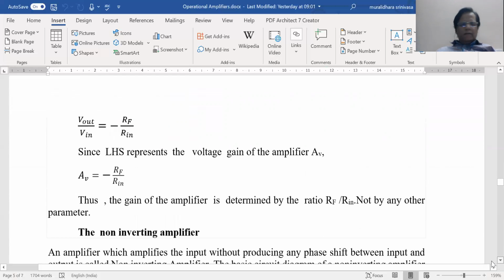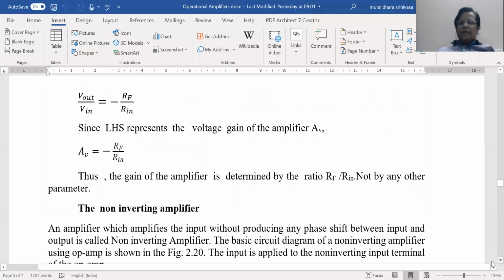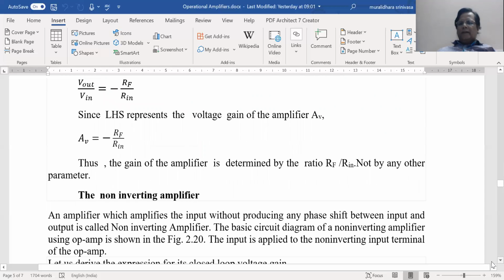So in an inverting amplifier, the gain is controlled only by the externally connected resistances Rf and Rin. So gain is determined by the ratio Rf by Rin, and no other parameter affects the gain of this negative feedback amplifier.